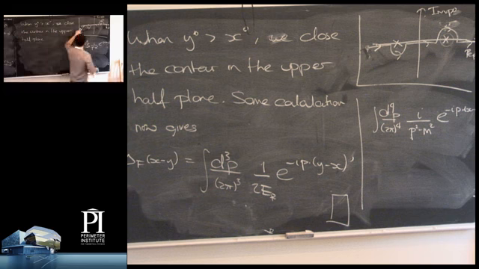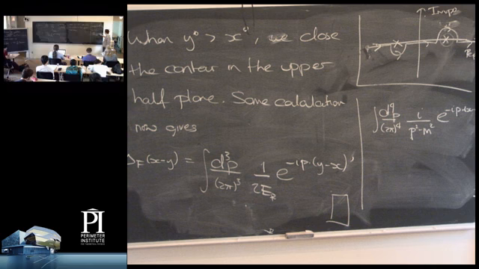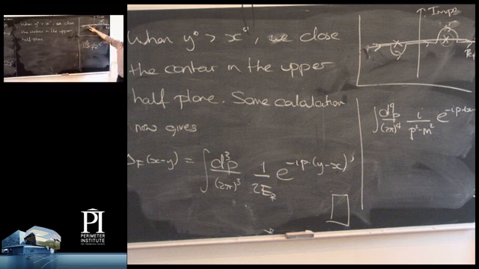Now, there was a sign flip in the p0 in the x0 minus y0. So in order to have this exponential decaying to e to the minus infinity, p0 should be plus i infinity, which means we go this way, which means we pick up this pole here.